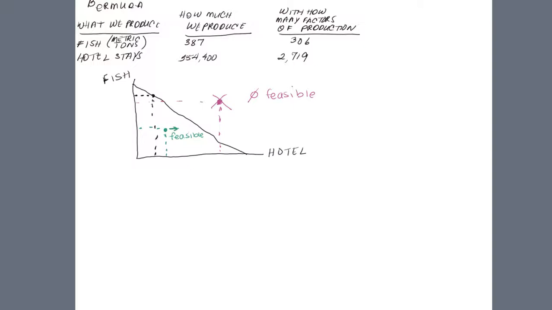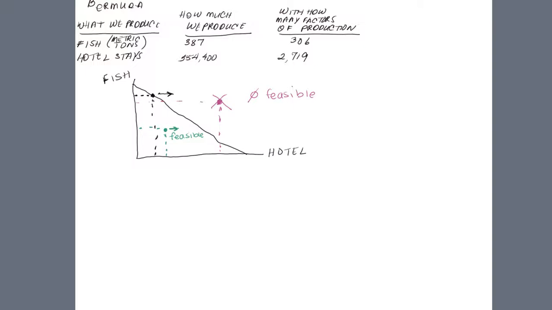Anywhere on this line, I cannot produce more fish or more hotel stays without losing some of the other good. So for instance, let's think about this production point here. From this production point on the line, let's consider the case that I want more hotel stays. Well, this line represents all the possibilities of what I can have, the max. If I want more hotel stays, I have to give up some fish to get back on the line.